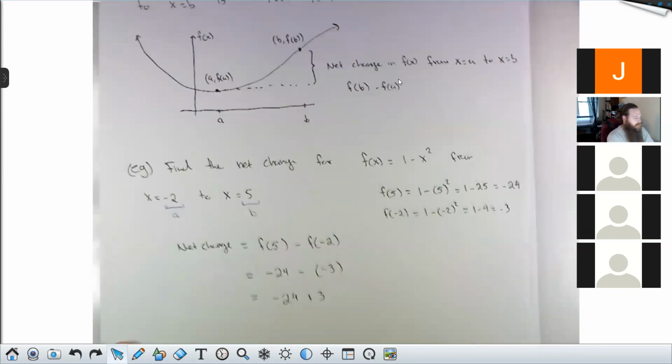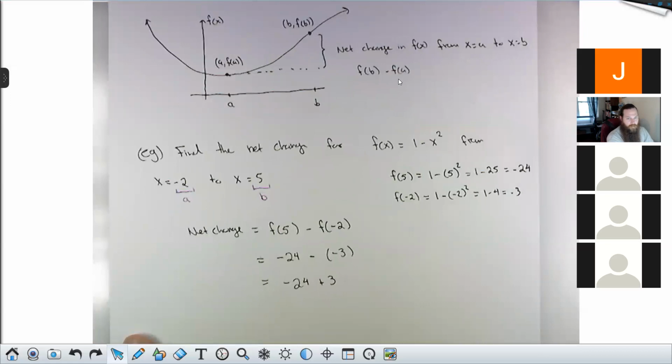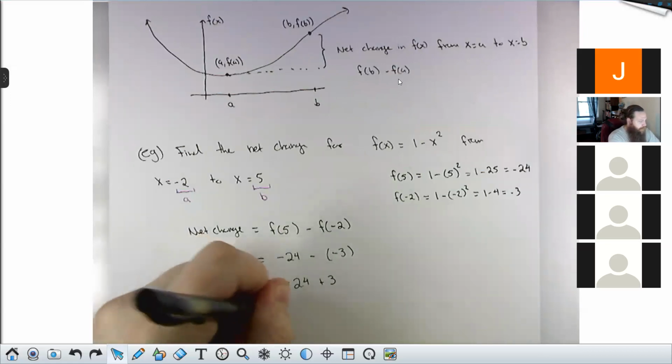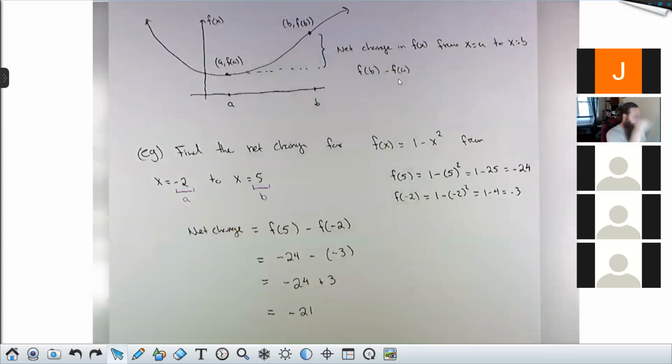Right? Subtracting a negative is the same as adding the positive. And if you add 3 to -24, that brings you back in the positive direction towards -21. So the net change for this function from x equals -2 to x equals +5 is -21.